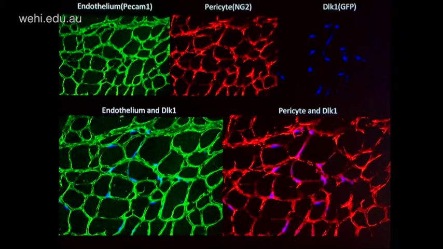When you look at the endothelium versus Dlk1, the blue cells seem to be lying alongside or wrapping around the endothelial cells, whereas the pericytes seem to actually co-localize with Dlk1, so the combination of red and blue turns into purple. So it seems to be the pericytes that express Dlk1 and not the endothelium.